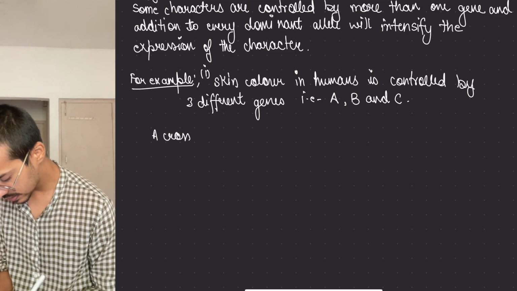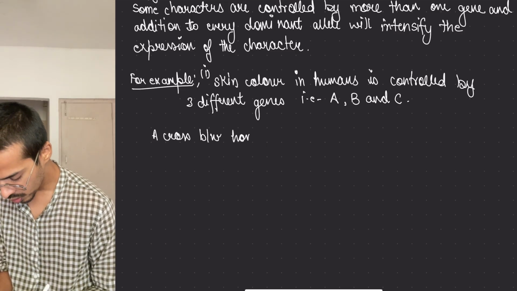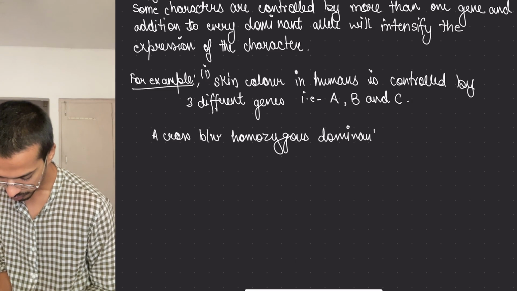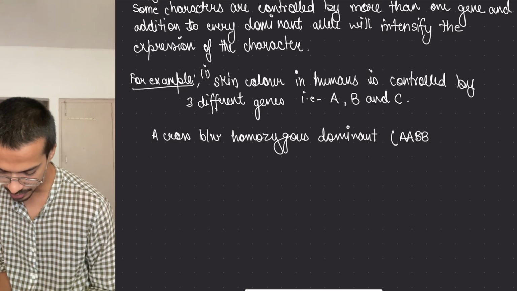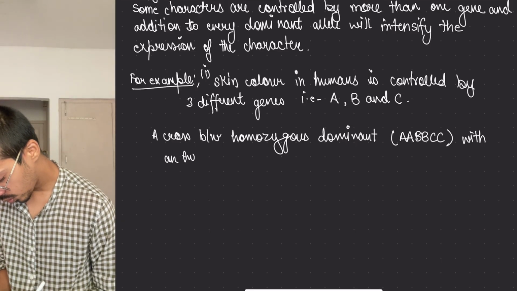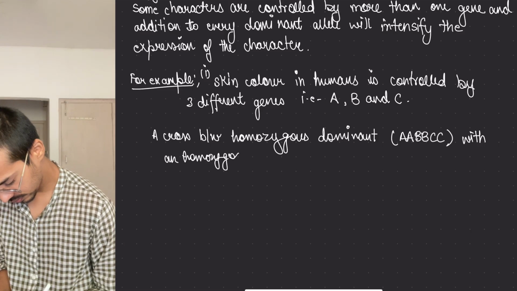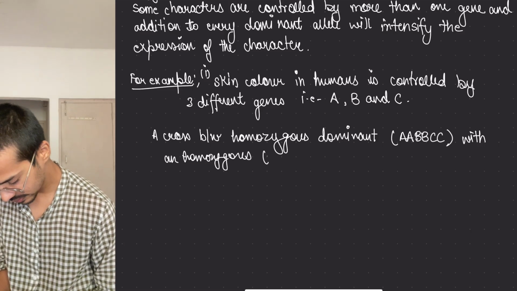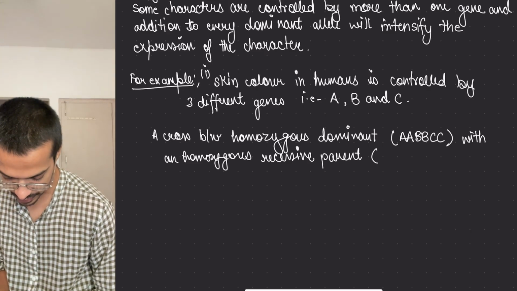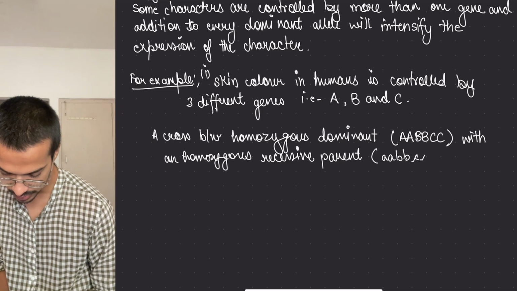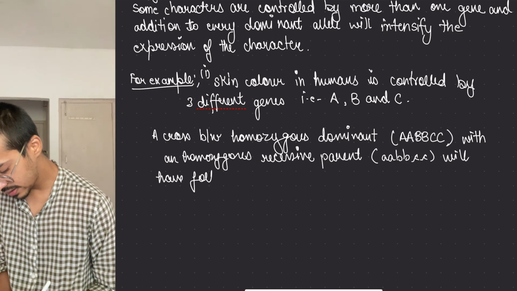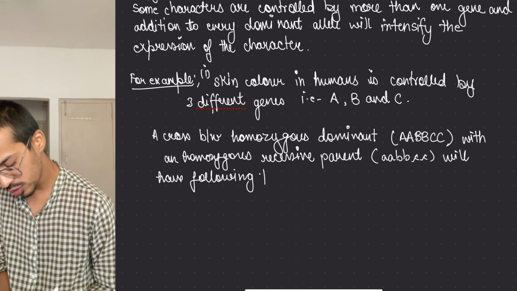A cross between a homozygous dominant parent, that is capital A, capital B and capital C, with a homozygous recessive parent, that is all small letters, will have the following types of progeny.